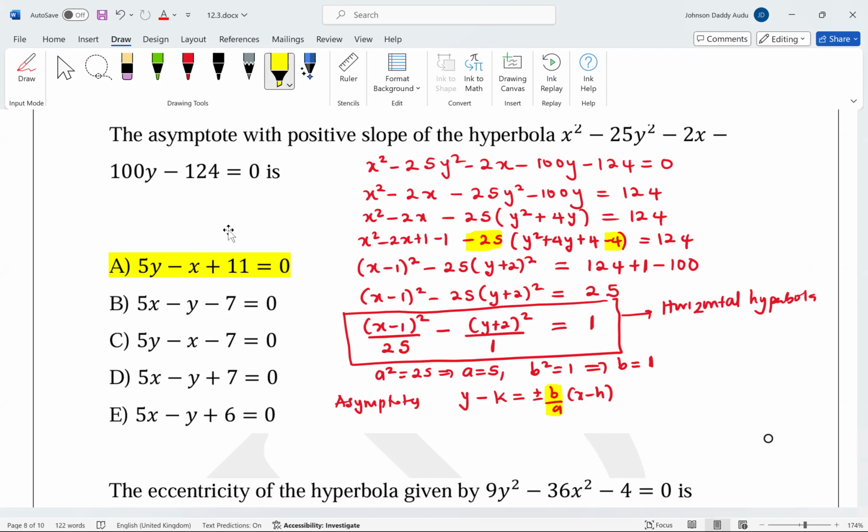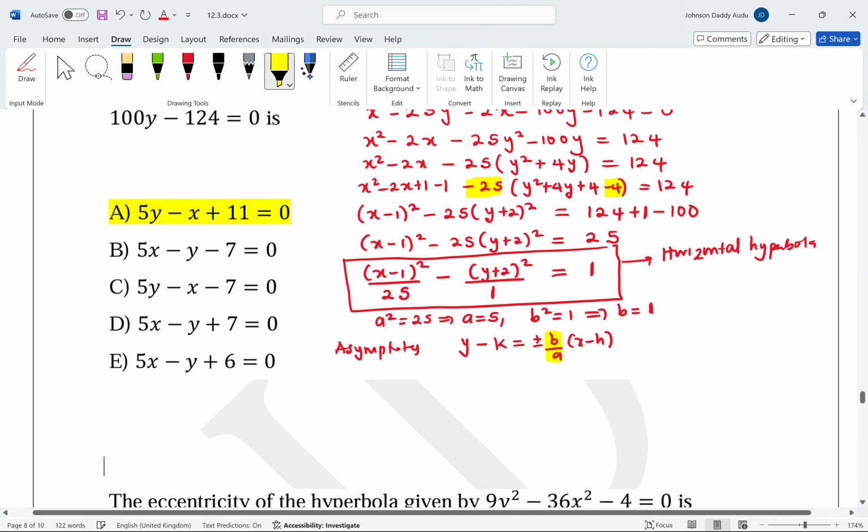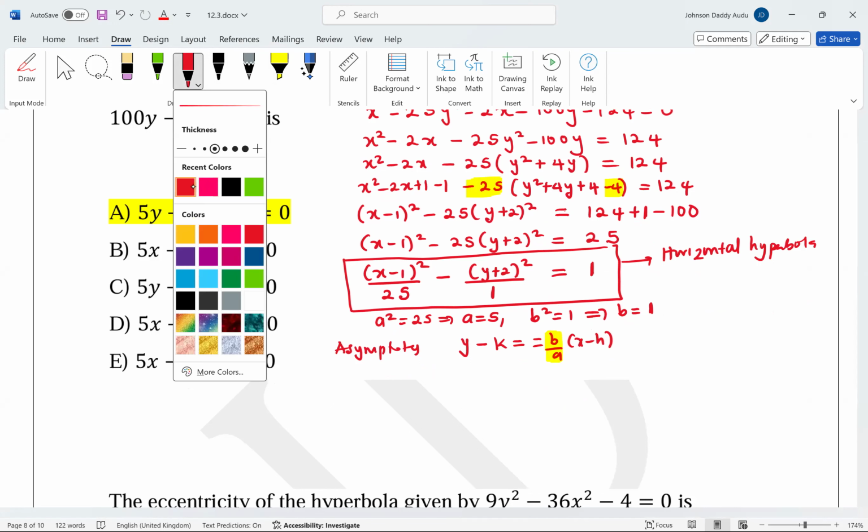Now, since the question says you're dealing with the positive slope, you don't need the plus or minus. Just take the positive. So here, you just forget about the plus minus and just go with the positive slope.